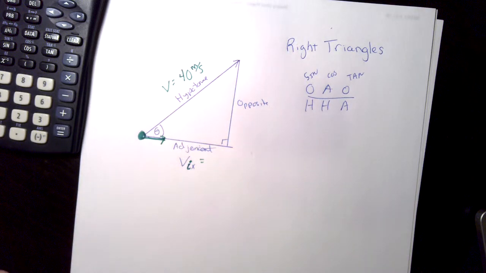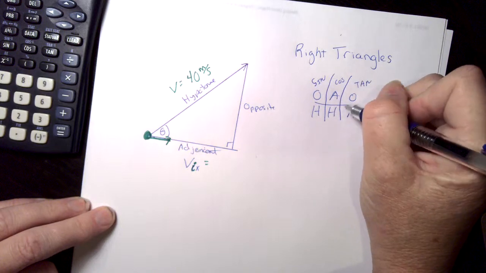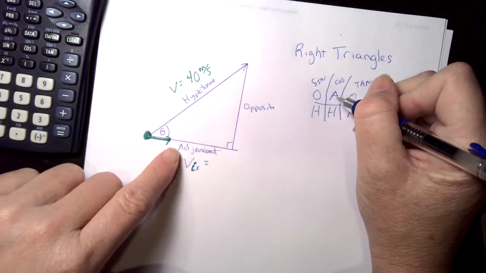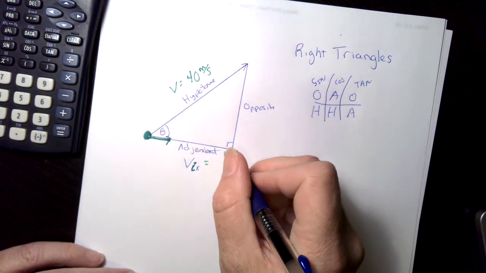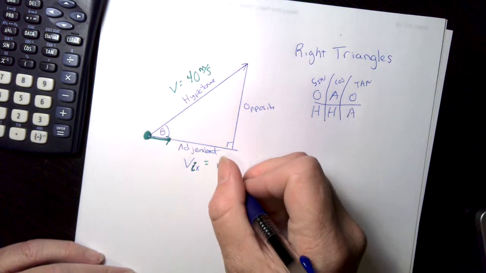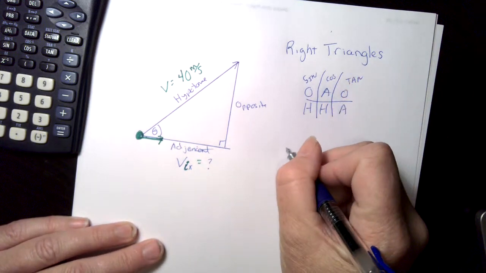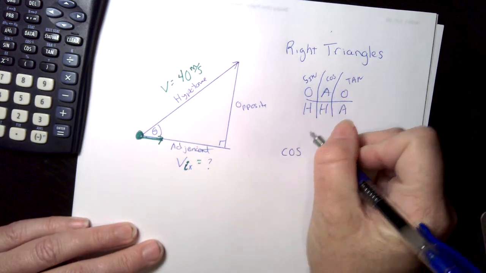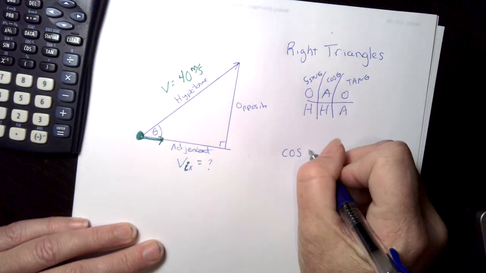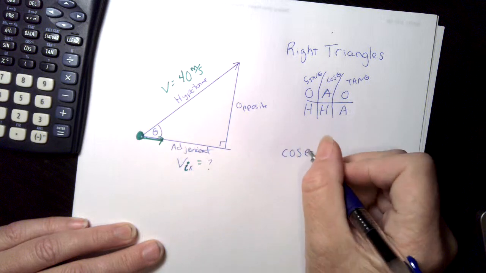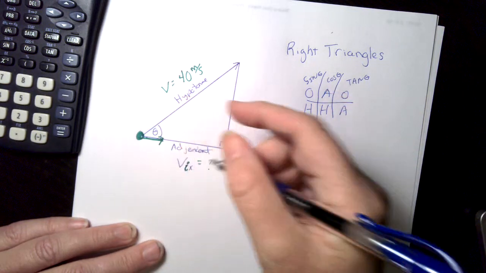So I look here, and that means I can use the adjacent side, the A, over the hypotenuse. Cosine of that angle, and I probably should put thetas here to be a little clearer, will give the adjacent length, A, over the hypotenuse.